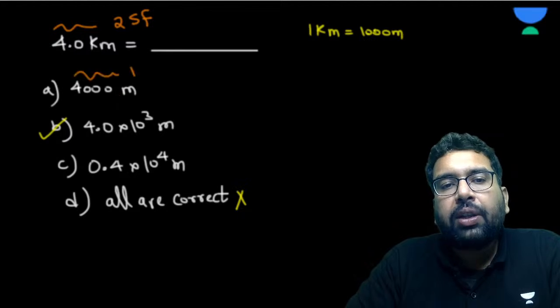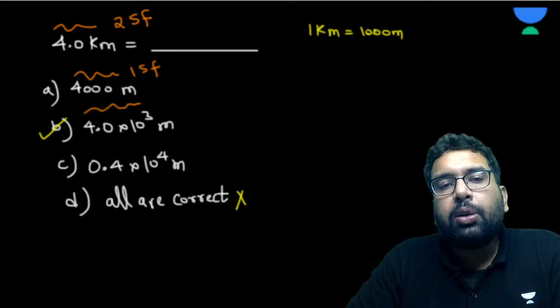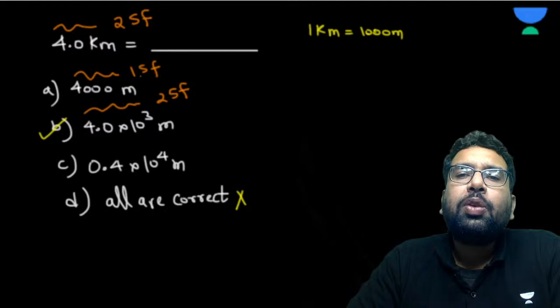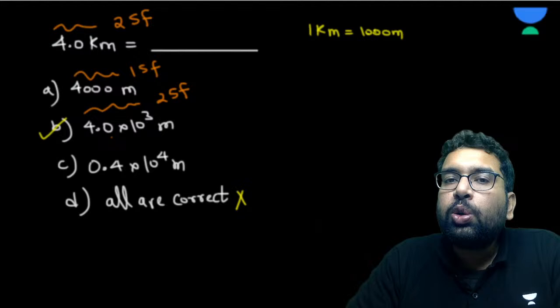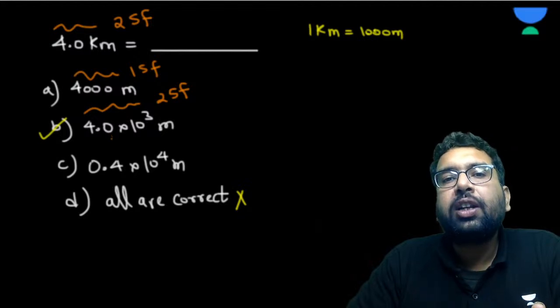So 4,000 meters, how many significant figures are there? Only one. And in this one, two significant figures. How do we understand that? For that, you must go through the rules of identification of significant figures.